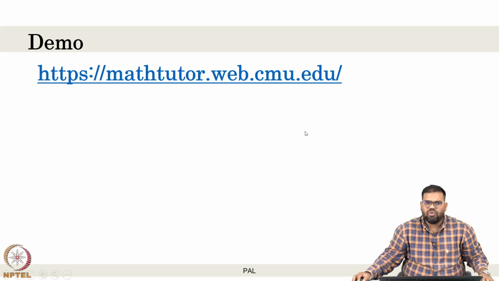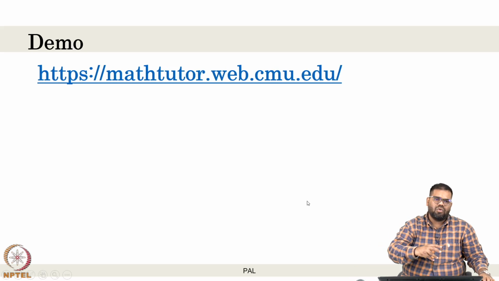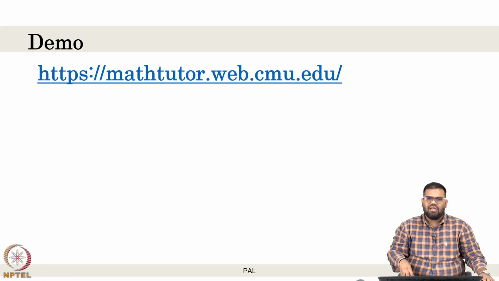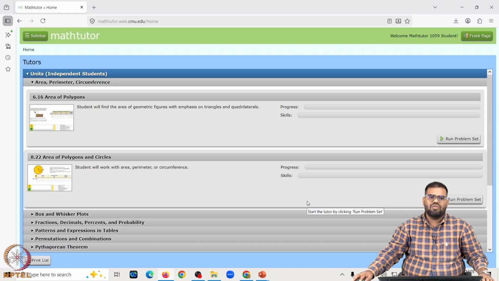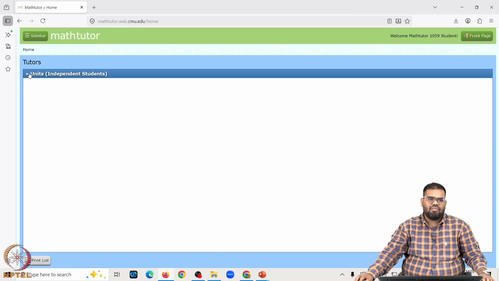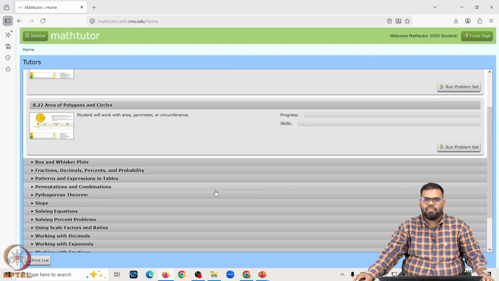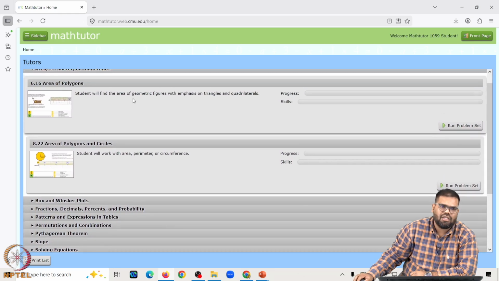So let's go to the demo of MathTutor and understand how the different modules are integrated in MathTutor and how the hints and everything work out. This is how the interface of MathTutor looks. It has multiple areas which can be solved.